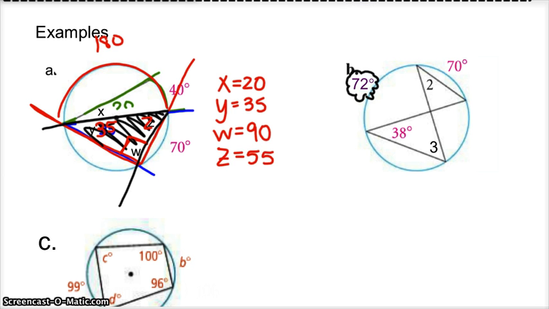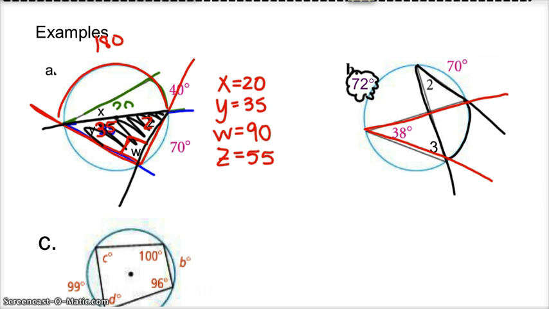Angle 2. If I extend angle 2, it's referring to this intercepted arc. But look for a moment at the angle that's labeled 38. It's referring to the exact same arc. So if the inscribed angle is 38 degrees, 38 degrees times 2 is 76.